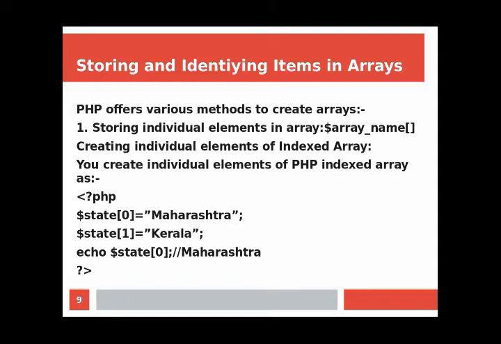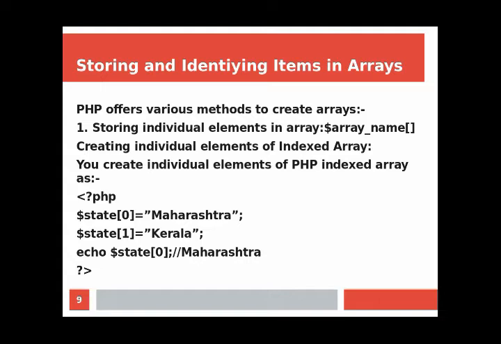PHP offers various methods to create arrays. First one, storing individual elements in an array, that is $array_name and the subscript, that is the square bracket, we have to give. Here you create individual elements of a PHP index array, as we will see in PHP.